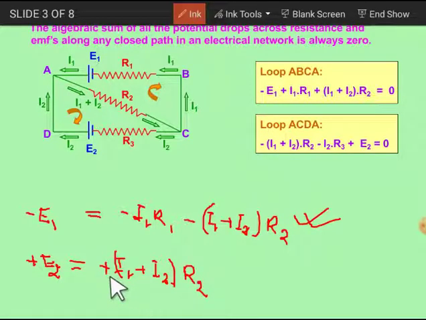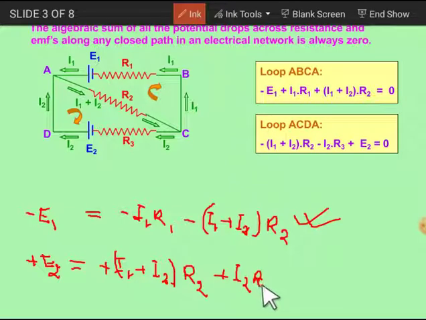Why do we assign positive? Because the loop direction and the given current direction are the same. Got it? And what about here? Across this R3, the loop direction is also like this, ACD, and the current direction given here in the circuit is also the same, from C to D. So loop direction and current direction are the same, so we assign plus: I2 times R3.